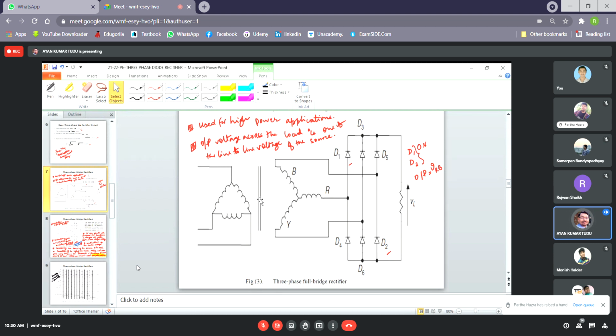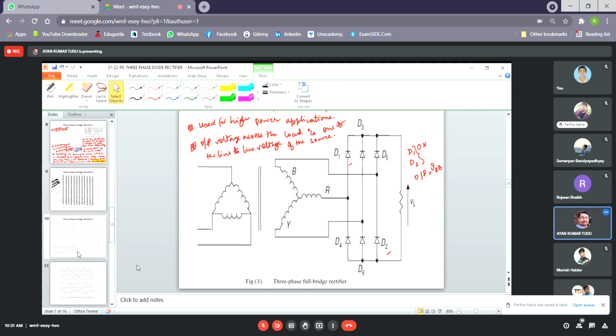So if any problem is given regarding this three-phase bridge rectifier, the primary and secondary can be interchanged, with the primary side being star and the secondary side being delta, and the same bridge rectifier given. Obviously you will require certain transformer ratios, and depending on the transformer ratios you can easily solve the particular problems.